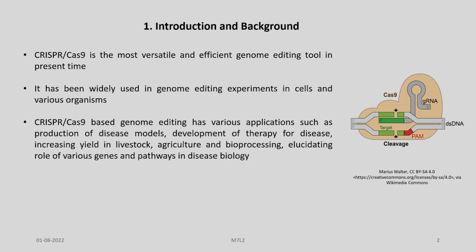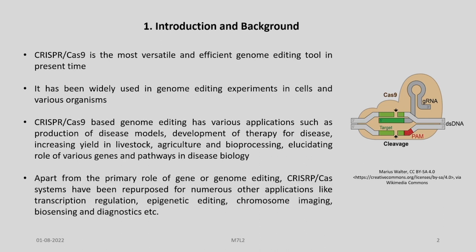This CRISPR-Cas9 based genome editing has various applications, such as in the production of disease models, for which we will have a lecture later on, then development of therapy for diseases or gene therapy, then increasing yield in livestock, agriculture as well as bioprocessing, and elucidating the role of various genes and pathways in disease biology.